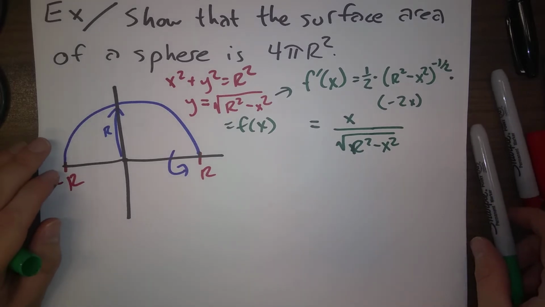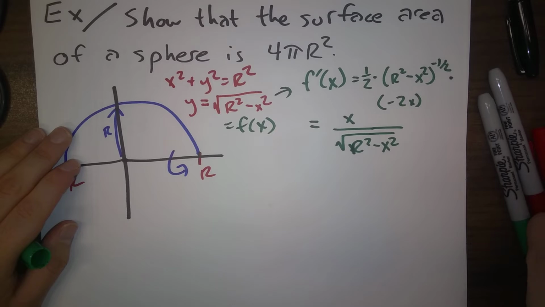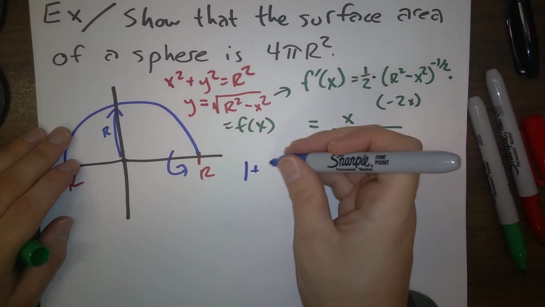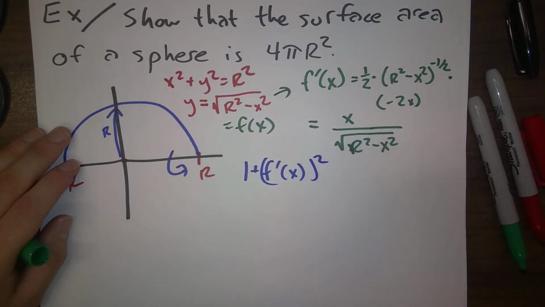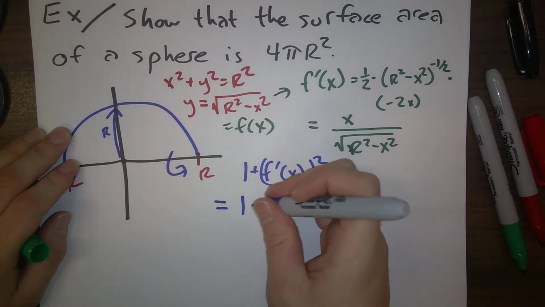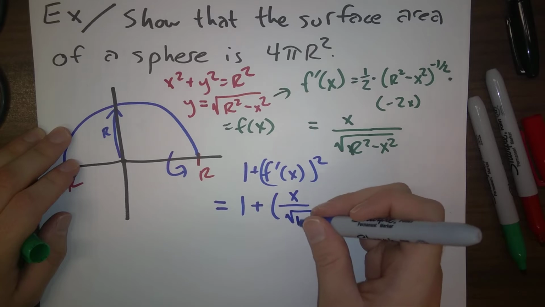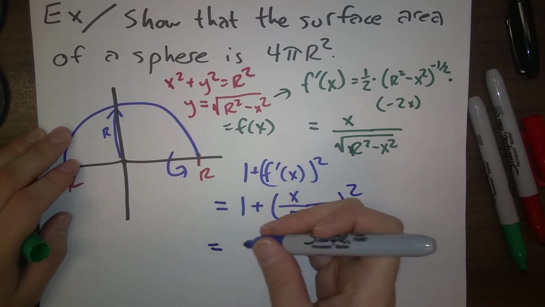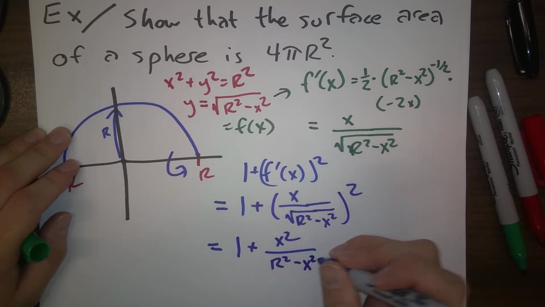Okay, what is under our square root? So let's think about 1 plus f prime of x squared. We don't just care about f prime of x, we want to square it and add 1 to it. So that's going to be 1 plus x over the square root of r squared minus x squared, squared. So it's 1 plus x squared over r squared minus x squared.